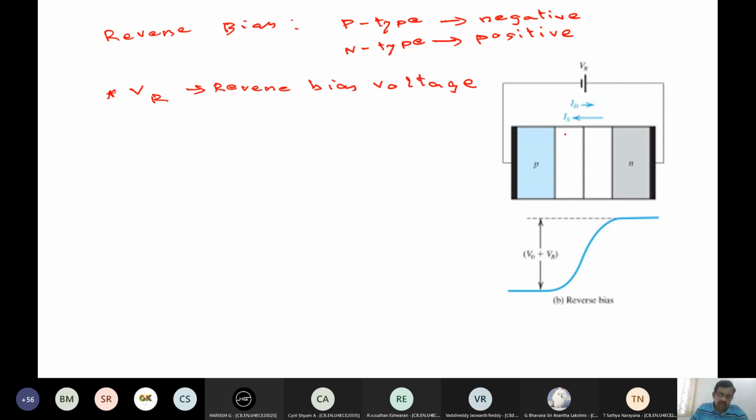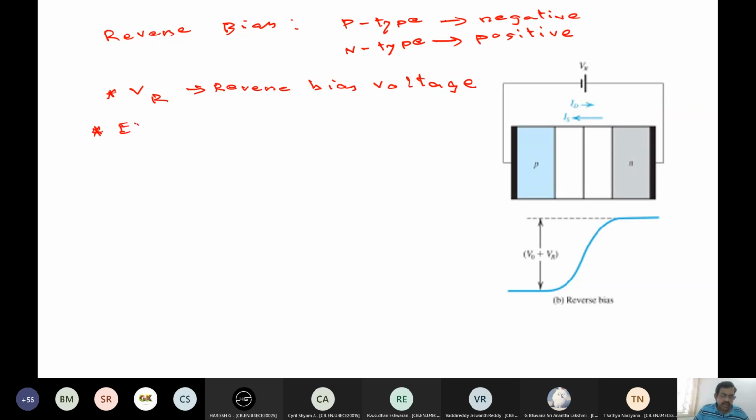Okay, now holes are positively charged, electrons are negatively charged. Okay, so definitely this terminal being negative and this terminal being positive will cause the depletion layer width to increase. Okay, so effective barrier voltage therefore increases.